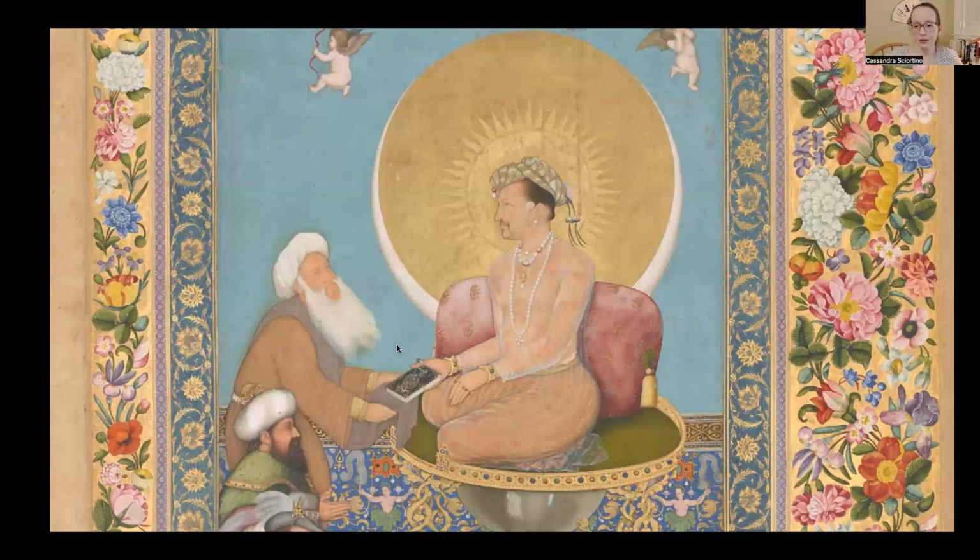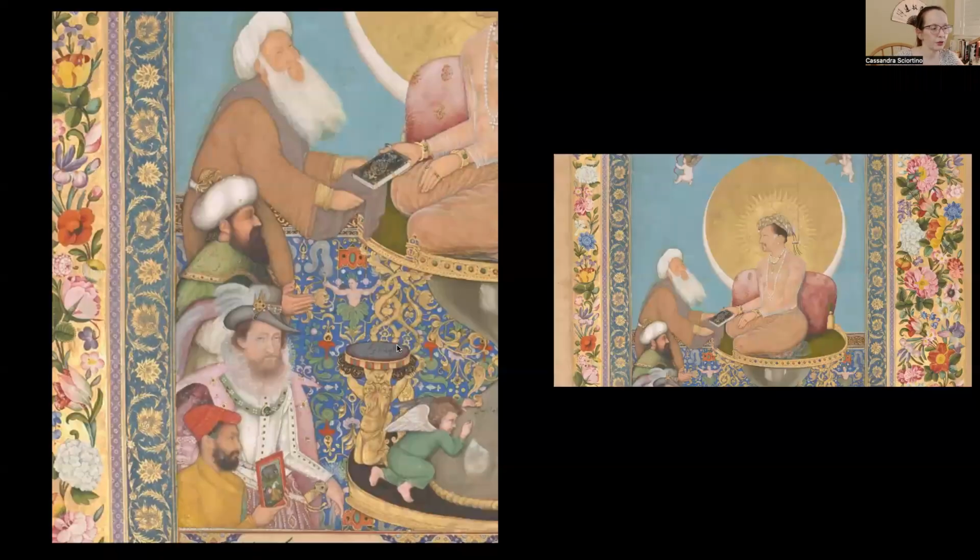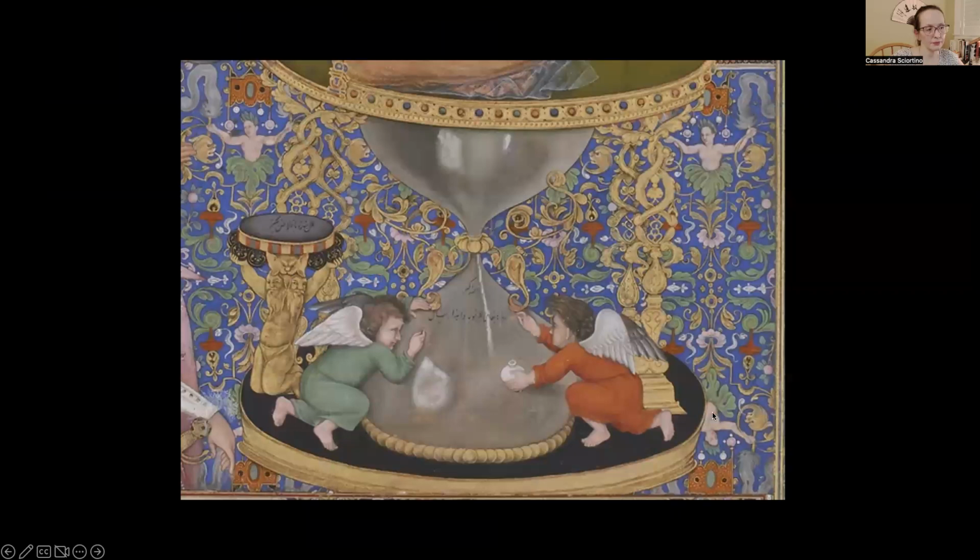He's seated on an elevated stone-covered disc, which almost looks like it could open and shut, like a compact, if Jahangir wasn't sitting in the middle of it. But if you look more closely, it's actually an hourglass, and it's suggesting time.